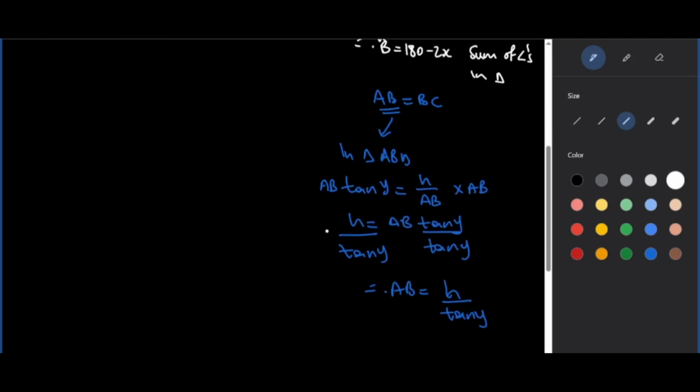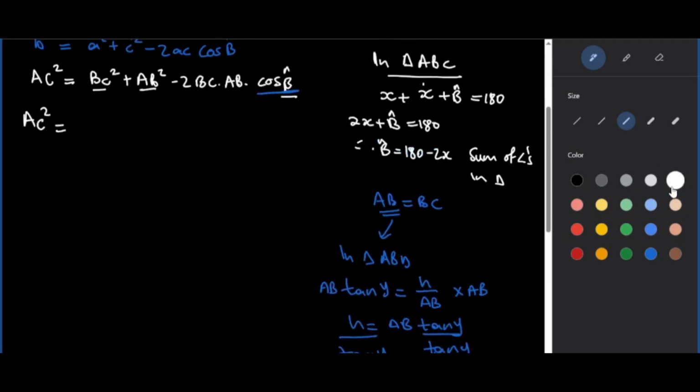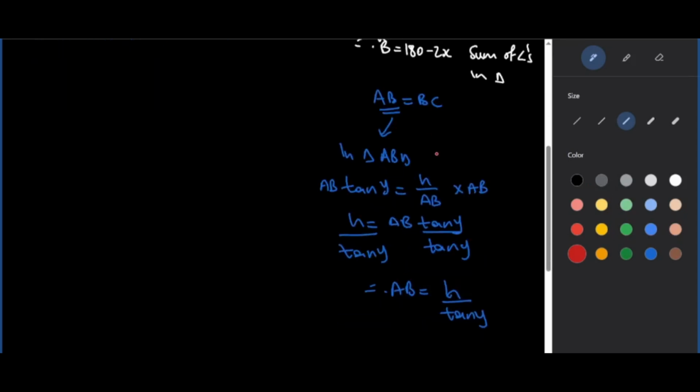Do you know why? When you work, you need to also check some of the things and ask yourself, can I solve this? This will take time. Look at this. BC and AB are equal.